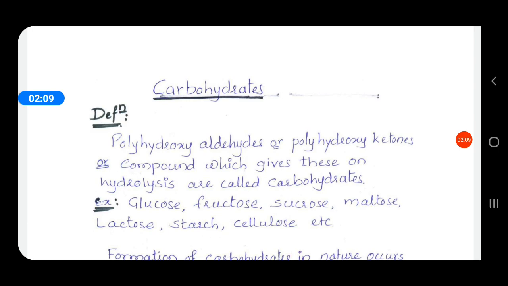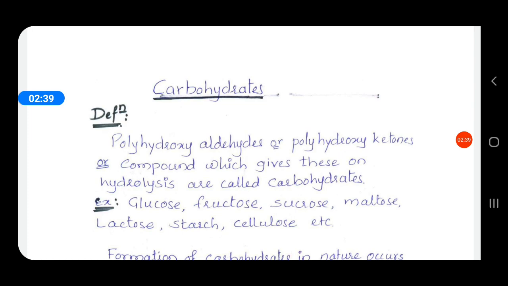Examples of carbohydrates are glucose, fructose, sucrose, maltose, lactose, starch, cellulose, glycogen. So many we can give as examples. These carbohydrates constitute a major class of naturally occurring organic compounds. They are essential to the maintenance of life in both plants and animals.